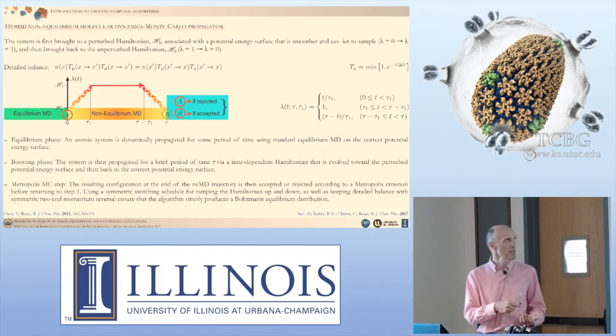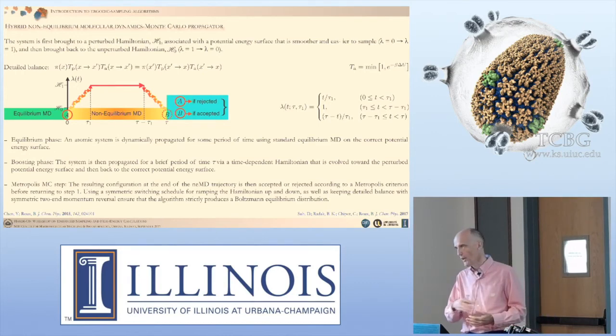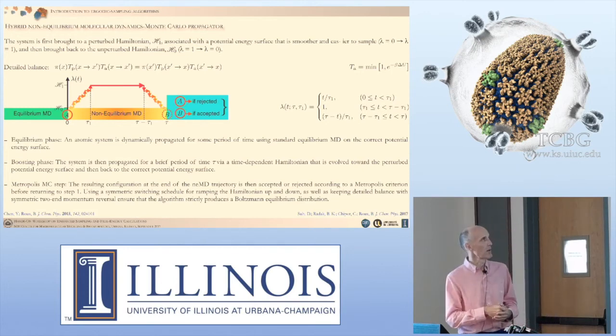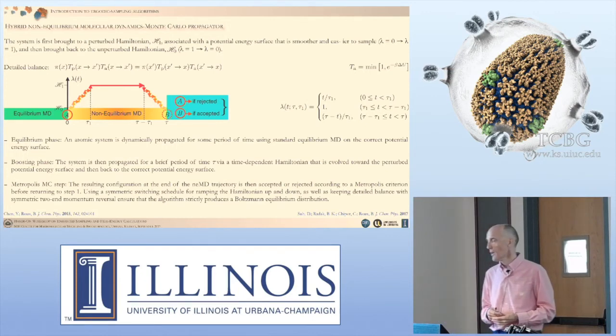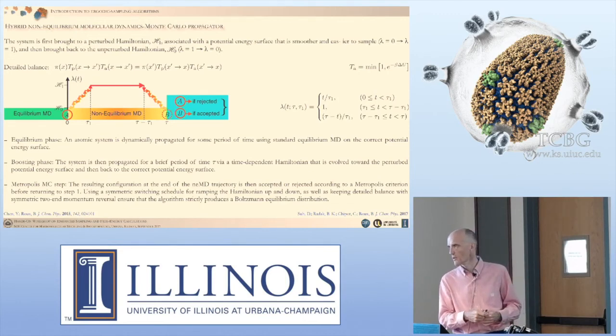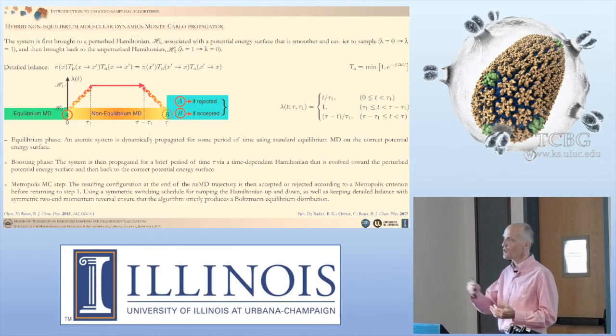So in this particular case, we run equilibrium MD, and then we ramp up through non-equilibrium MD. We ramp up to another Hamiltonian, and then we ramp down. We do the usual Monte Carlo Metropolis-Hastings criterion for acceptance rejection. What we do actually, when we ramp up, we're changing the propagator.